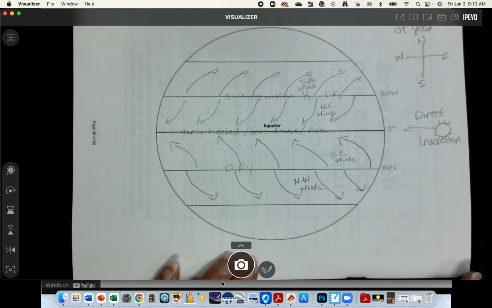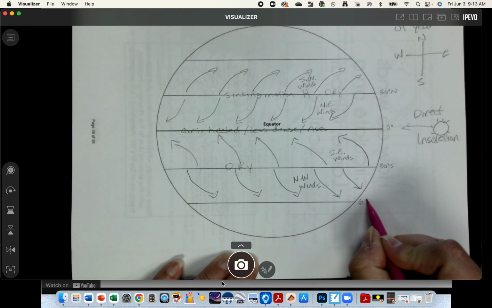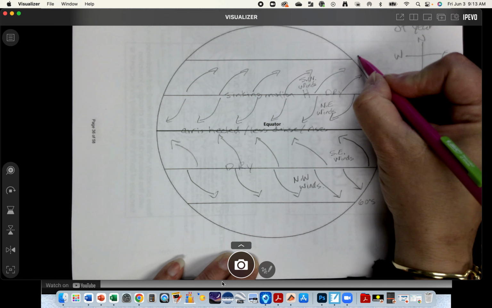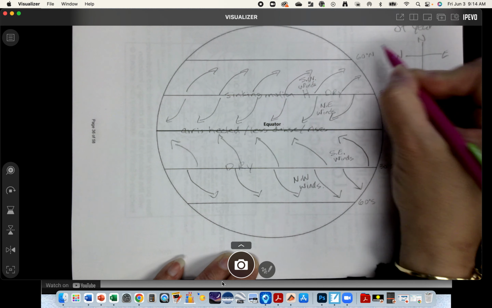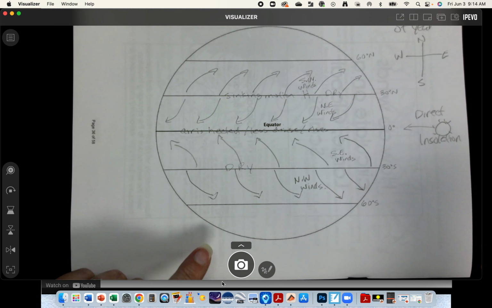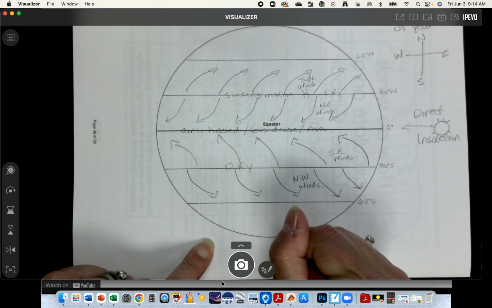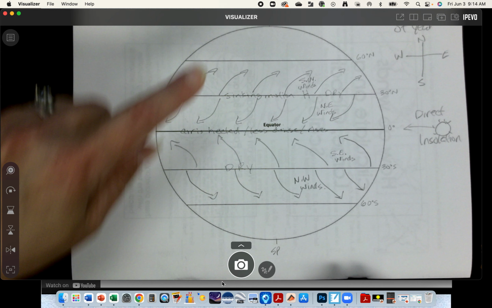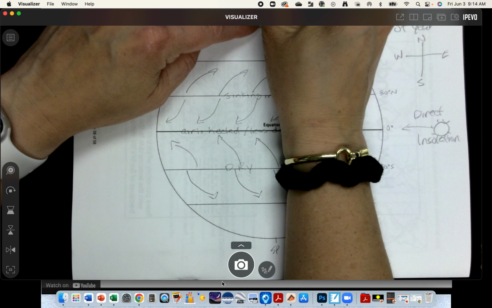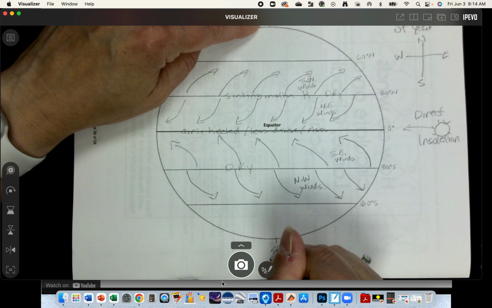Okay. All right. So now at 60 degrees south and 60 degrees north, before we do this, we're going to go to the North Pole and South Pole because I want you to understand what's happening. Okay. So at the North Pole and South Pole, it is really, really cold.